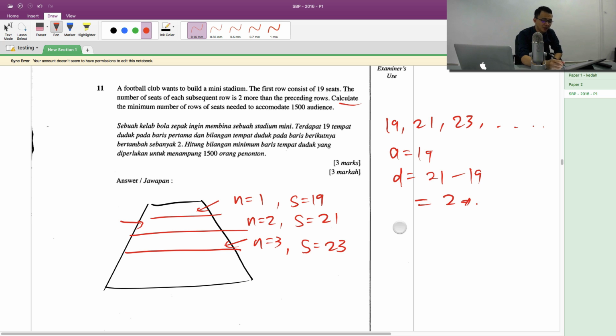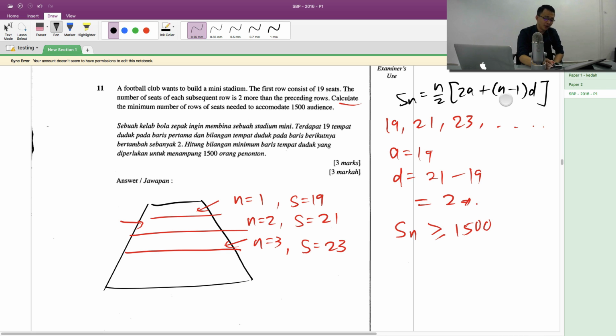So that means I know the sum of the seats must be bigger than or equal to 1500, because it must at least accommodate 1500 people. That means it cannot be less than this. So what I will do is use the Sn formula for AP. Sn equals n over 2, (2a plus (n minus 1)d).